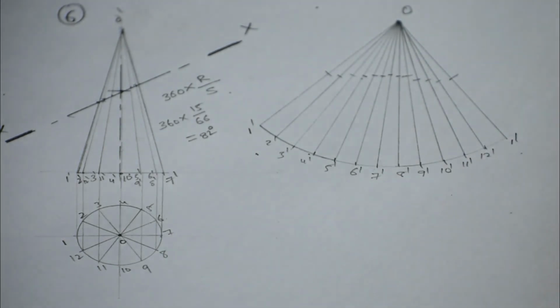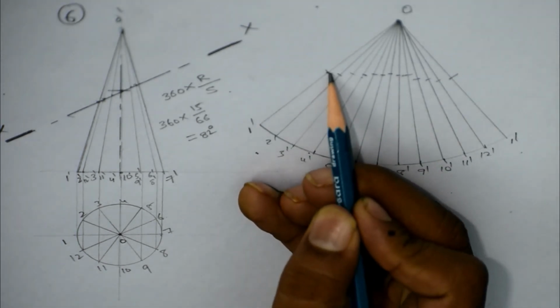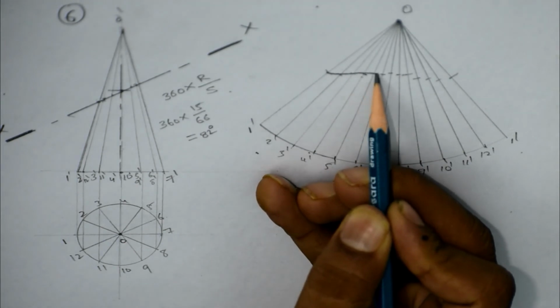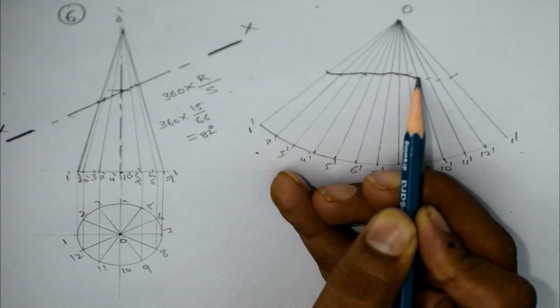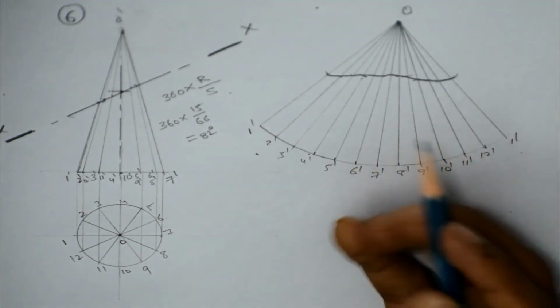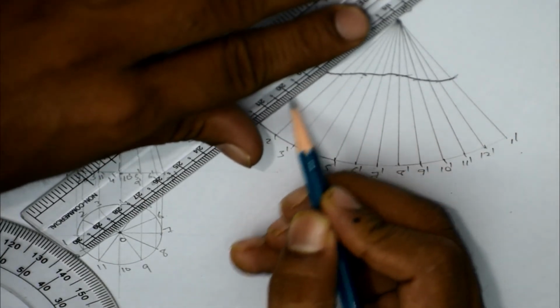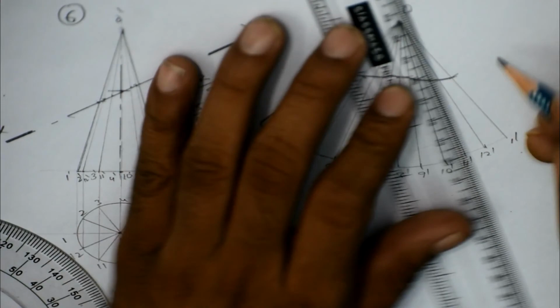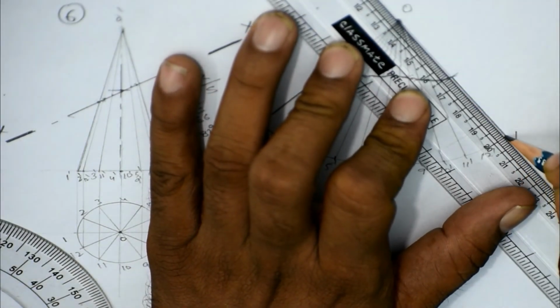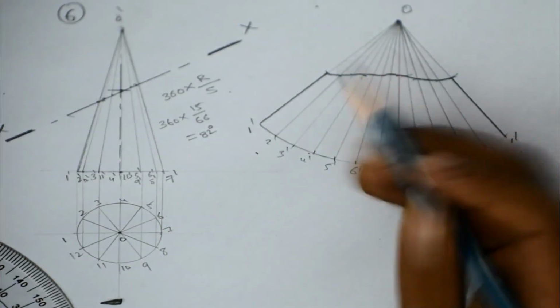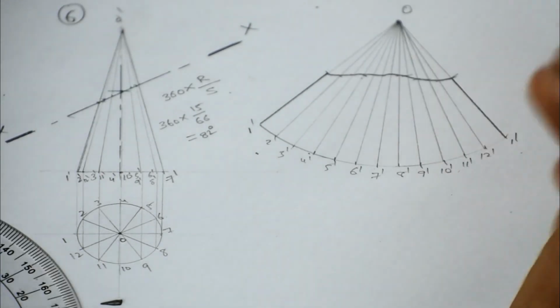So, with freehand, you need to join those arcs in this fashion. And we have to darken this remaining portion only, because this is not part of our answer. This has been removed actually.